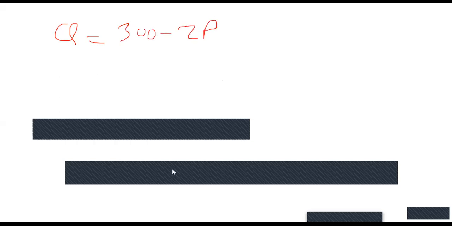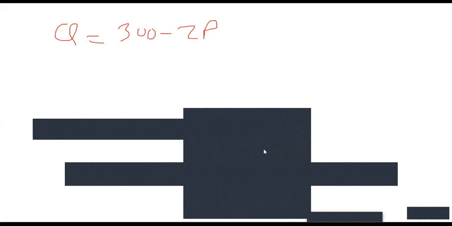Malulu, Obi and Maggie, help us find the inverse demand for this one. What do we do? 2P is equal to 300 minus Q. And then we divide 2 throughout.